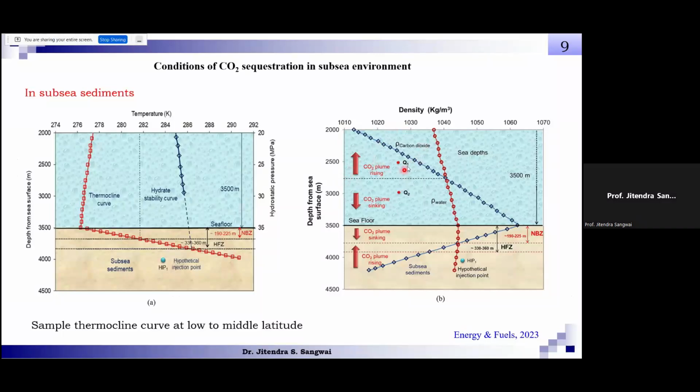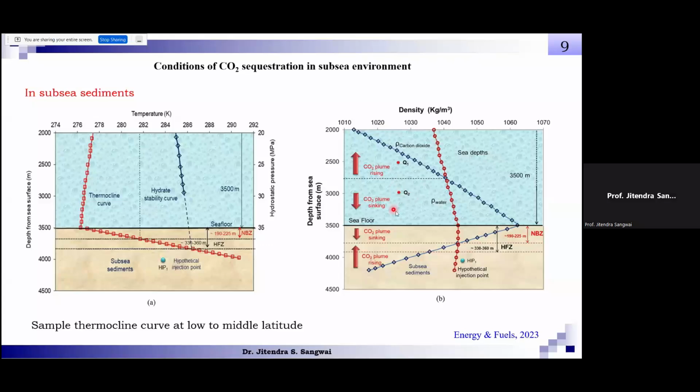So if you inject carbon dioxide at, say, point Q1, even though it is a liquid, it will be lighter than the water, and it is possible that the CO2 plume may rise, because the water is denser. Simply, say we have water and coconut water. Water is denser, so it will remain down. Coconut water is lighter in density, so it will be up, right? Similarly, this is liquid CO2, but at this condition the density is low, and therefore it will be lighter than the water and will tend to rise upward.